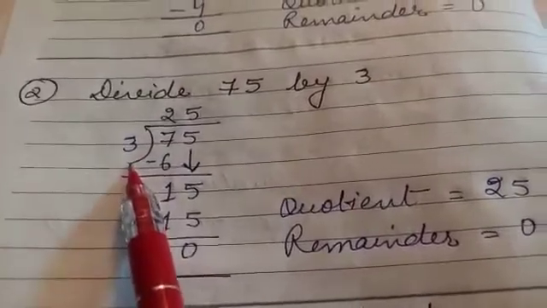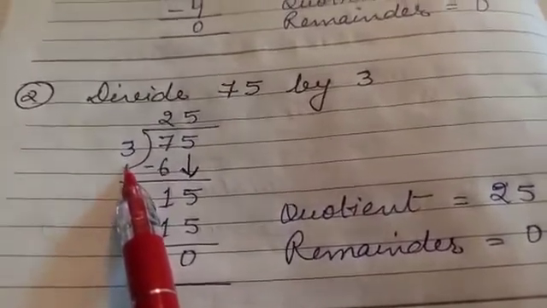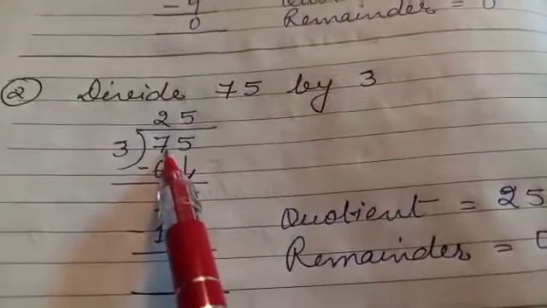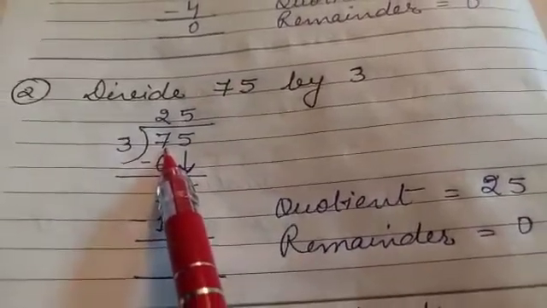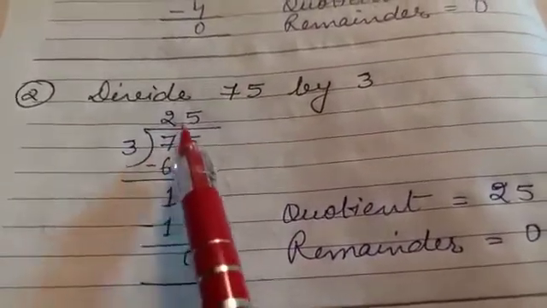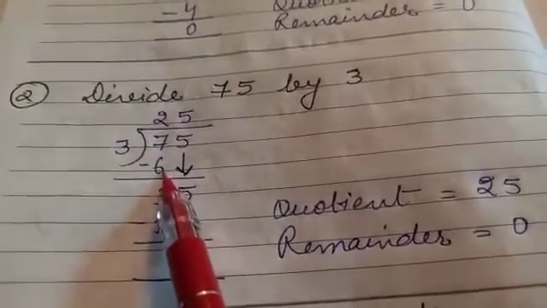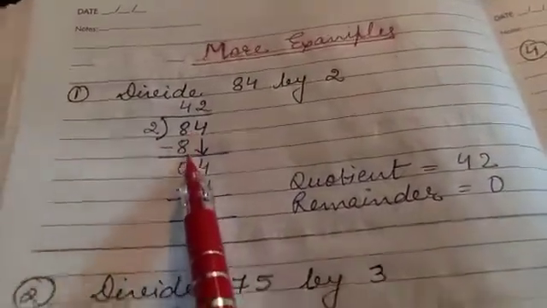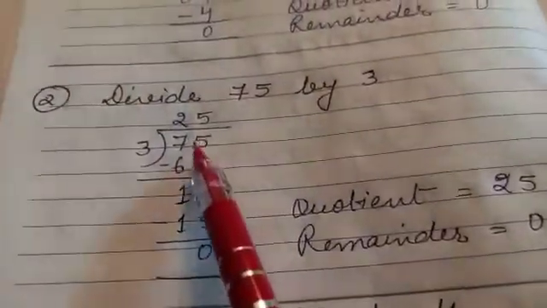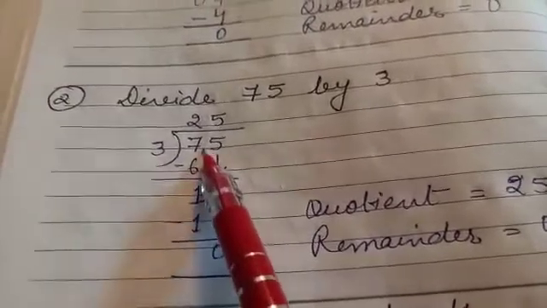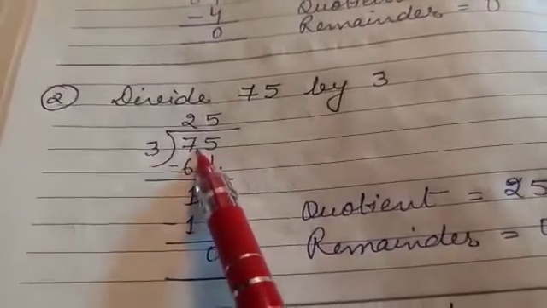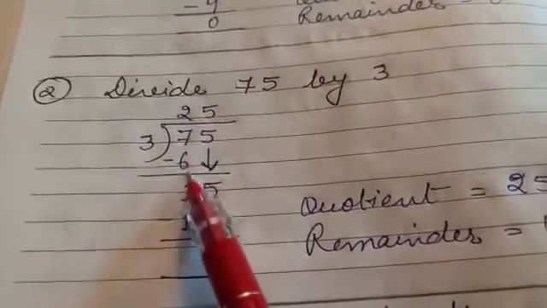As we see, if we say 3 threes are 9, we are going above this 7. So we have to take 3 twos are 6, because we have to remember that we either get the exact number or we must get a lesser number than the given one.